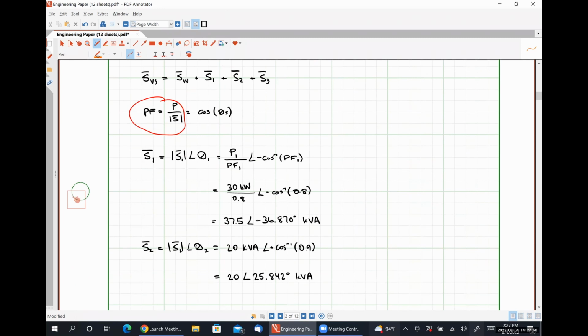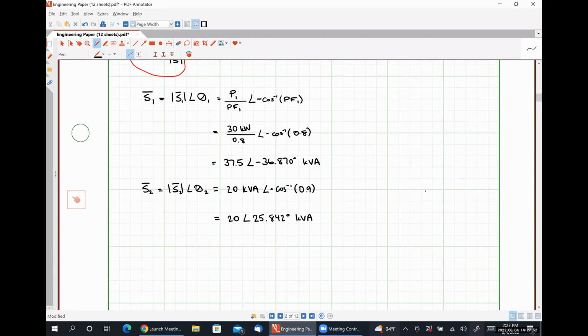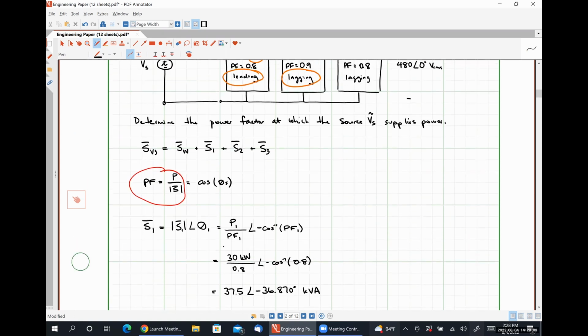All right, so let's talk about load 3. This is going to be simply the apparent power of load 3 with an angle of the power factor angle of load 3.